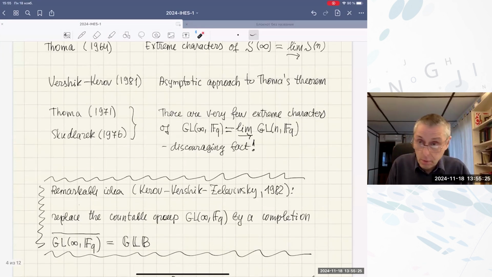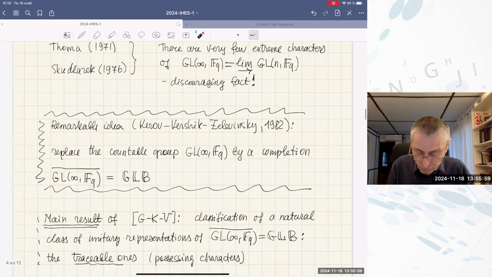And the remarkable idea of Kerov, Vershik and Zelevinsky was that the right solution is to replace the countable group GL infinity by a topological group, this group GLB, which is a topological completion. So it seems that, at least from some points of view, this group is a bad object, but this group is a nice object.